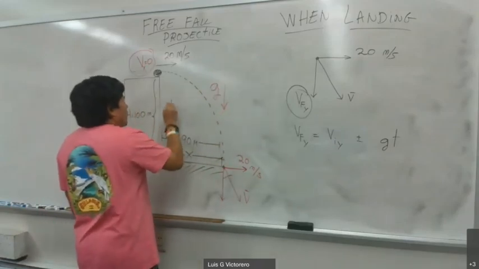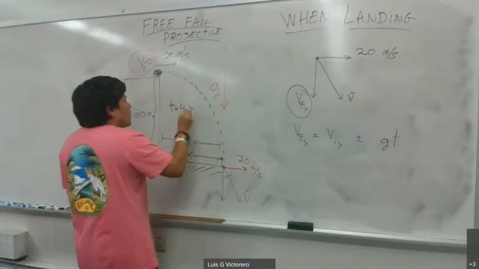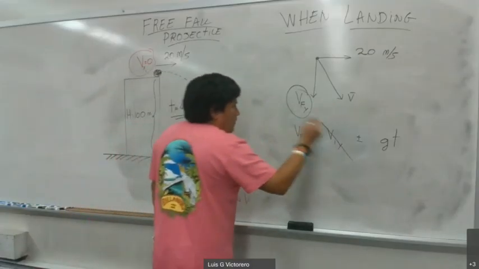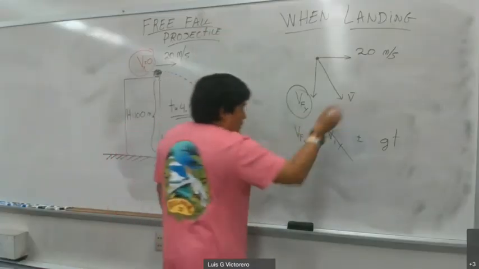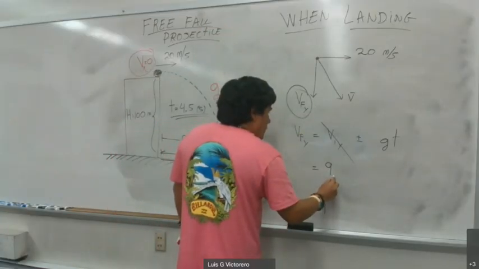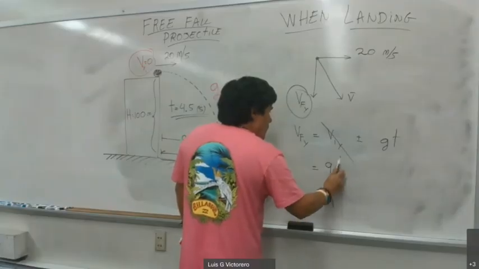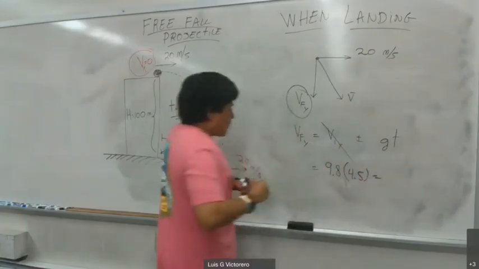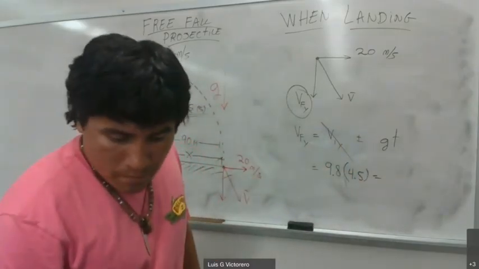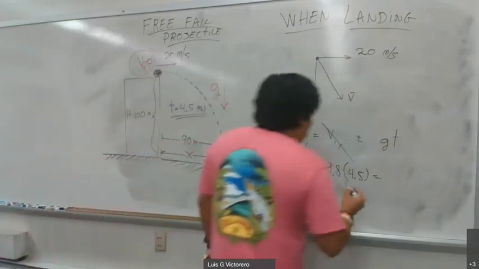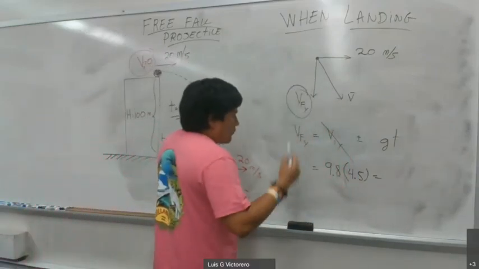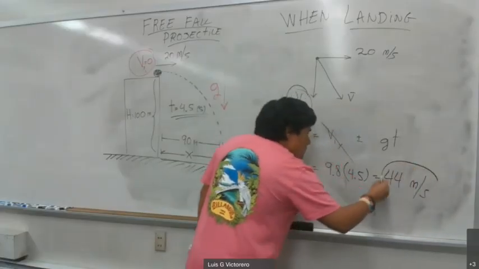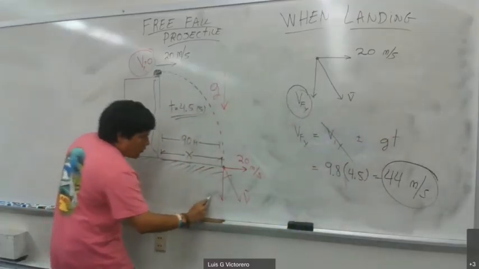So this is 0. It's accelerating, so it's positive. And that's how we get it. 44.3. 44, which is right. So this one is 44.